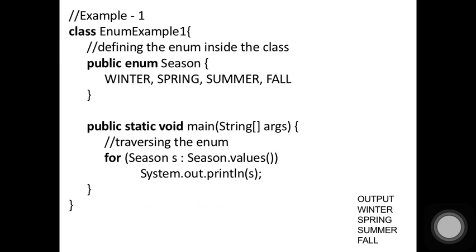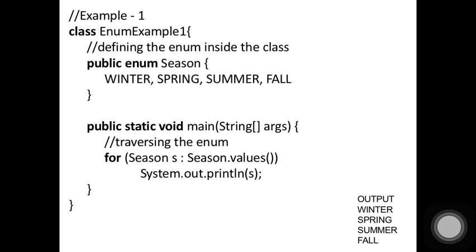Let's take a simple example of this. In class EnumExample, I define one enum with the name Season, and I mention the constants: winter, spring, summer and fall. The four are represented here. I define the enum separately, and inside the main method I use a for each statement.